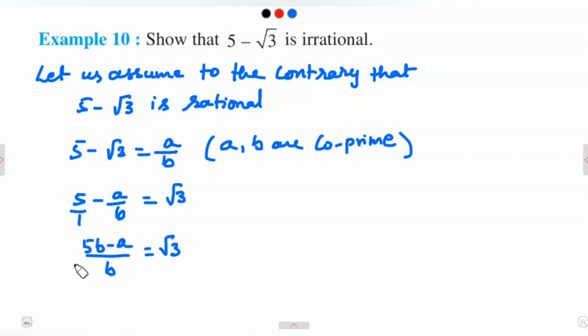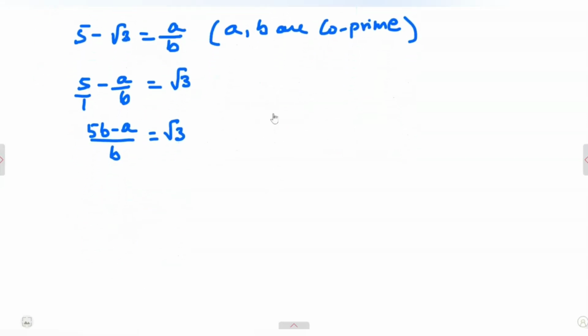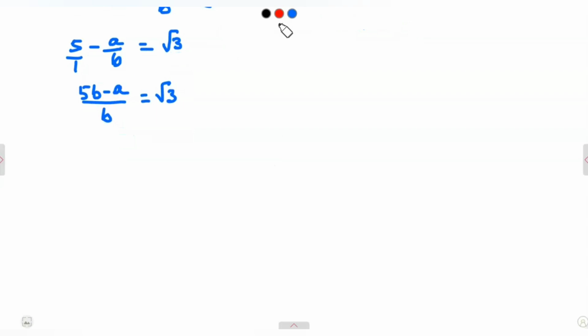That means this whole thing, (5B minus A) by B, is also a rational number, because the numerator is an integer and the denominator is also an integer. If numerator and denominator are integers, the whole becomes a rational number. So, because A and B are integers, let us write A, B are integers.